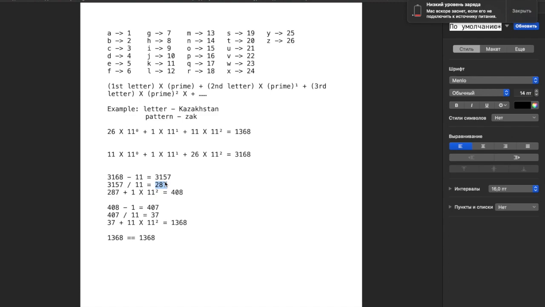We take the next letter, which is a, from our text, and multiply it by 11 to the power of 2, and we get this one.